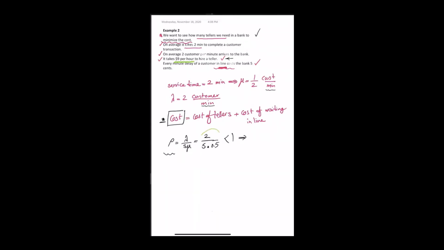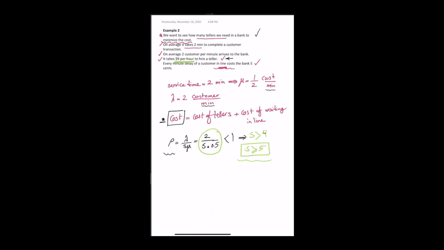So if I want this expression to be less than 1, that means S should be greater than 4, or S should be greater than or equal to 5. So the number of servers in the system should be at least 5 for the system to be in the steady state and not explode.